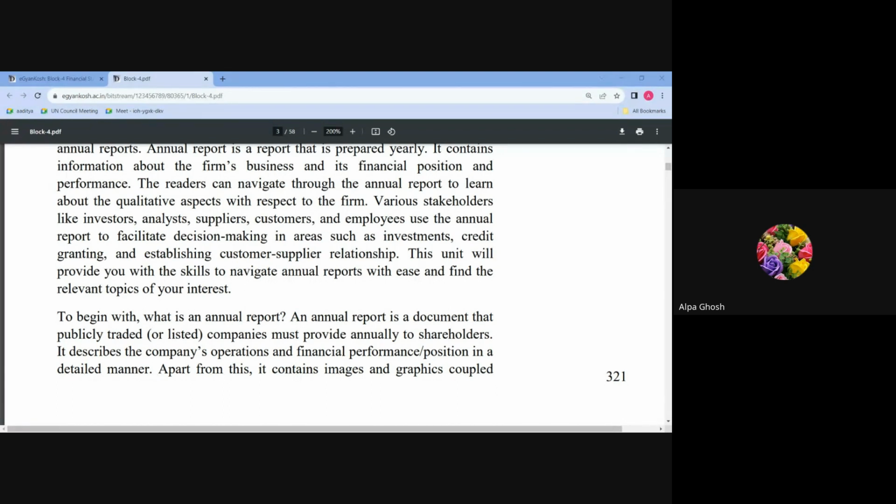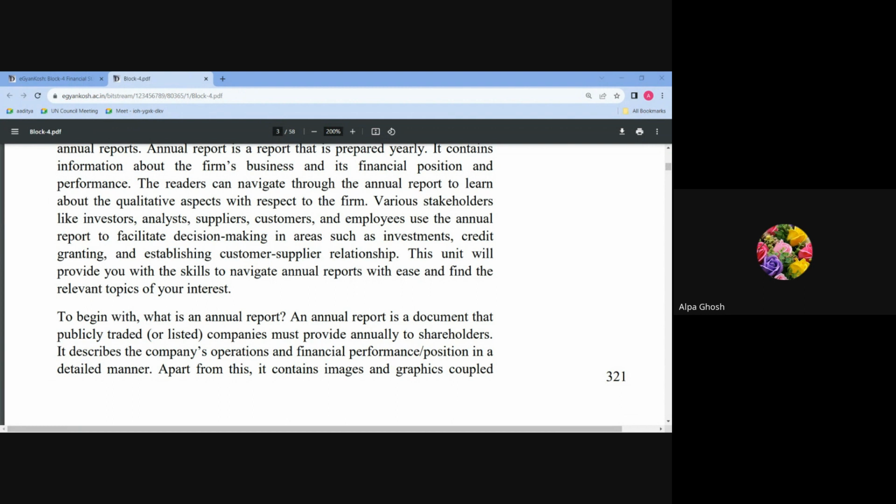So when the company is listed on the stock exchange and brings out its shares in the market, it is mandatory for such companies to provide the shareholders and the stakeholders a complete published set of data on their functioning.